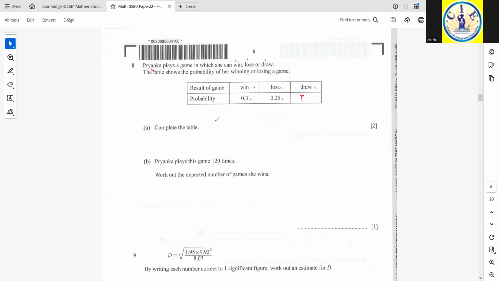We know that the sum of the probabilities of all the possible events is 1. So probability of win plus probability of losing plus probability of draw, their sum should be equal to 1. So 0.3 plus 0.25 plus probability of draw equals 1.